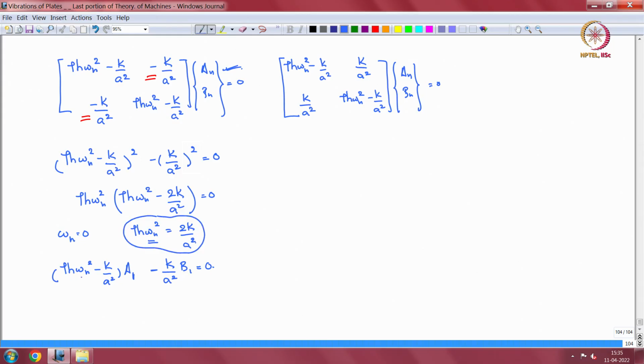So rho h omega_n^2 is 2k by a^2, so here I get k by a^2 a1 is equal to k by a^2 b1, which means a1 is equal to b1. And our expression was what? u3 1 here was a1 cos theta, and u theta 1 will be, because a1 and b1 were equal, a1 sin theta, n is 1.